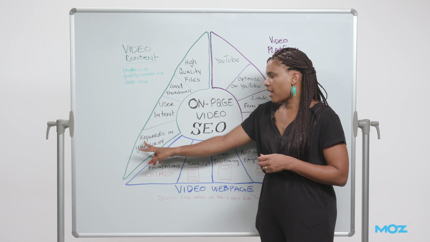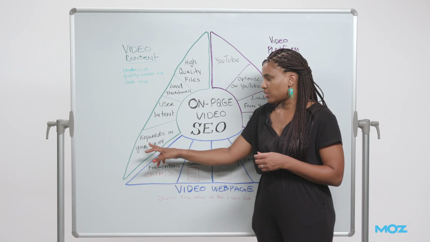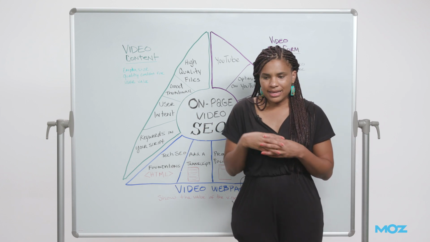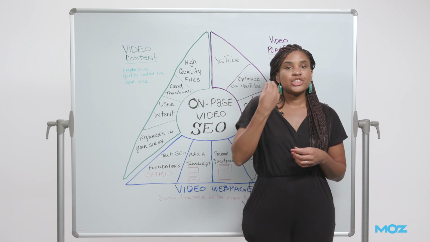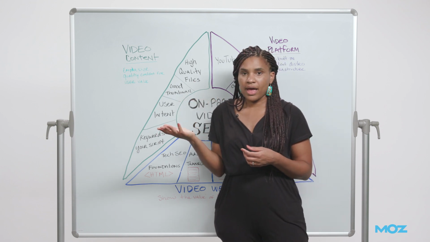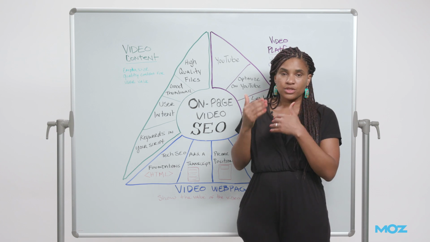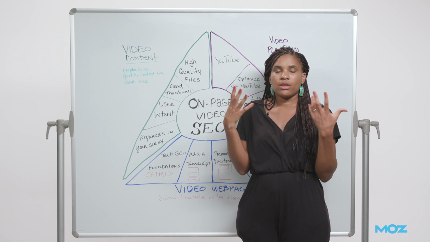Similarly, we also want to think about the keywords in your content, particularly the keywords in your script. On YouTube, they generate a transcript when you post your video. They do that so that people can search for information within YouTube.